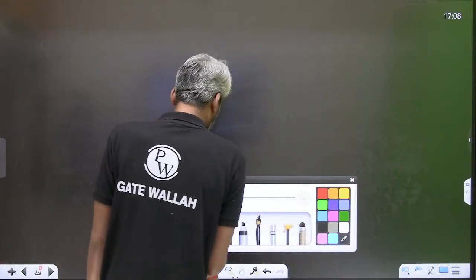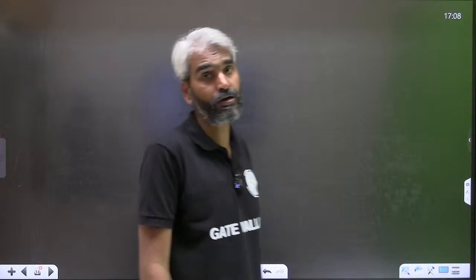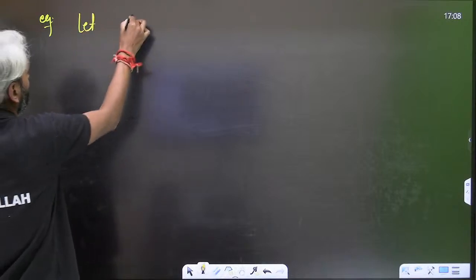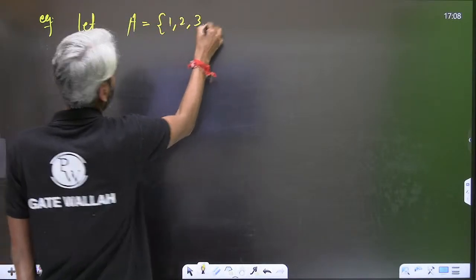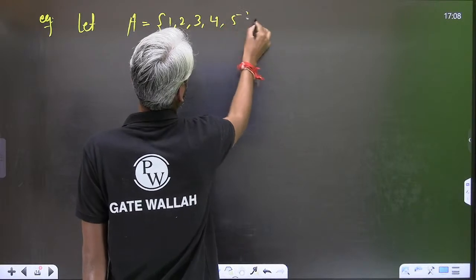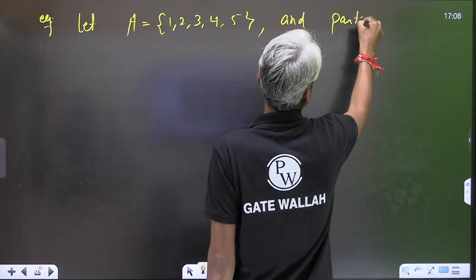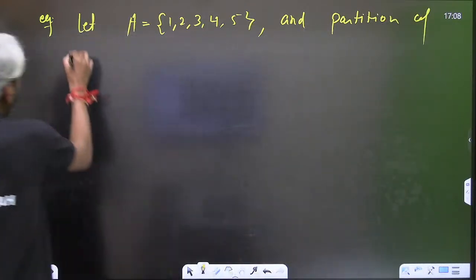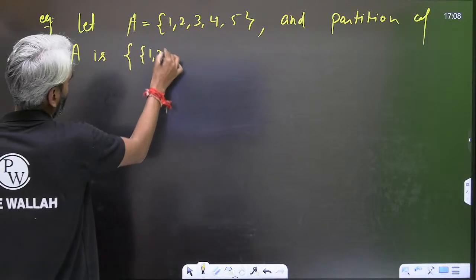What did I say? Sir, if you know the equivalence relation, you will be able to obtain the partition. But what if we know the partition? Can we obtain the equivalence relation? Take an example. Let A be {1, 2, 3, 4, 5} and the partition of A be {1, 2}, {3, 4}, {5}.